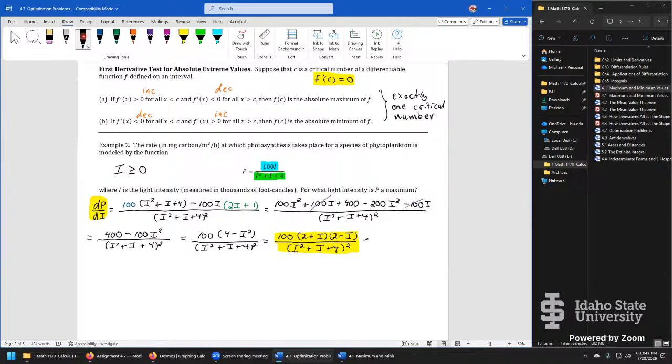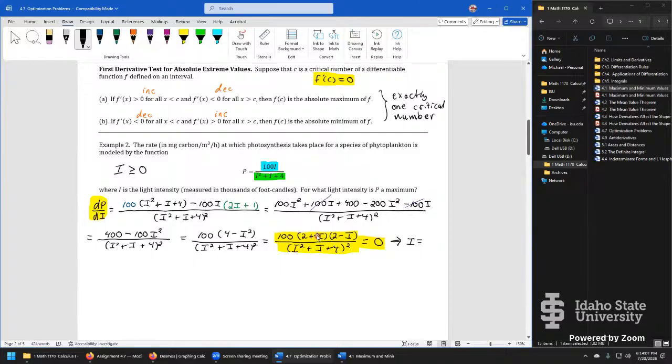Next step is, because we want critical numbers, we set that equal to 0. But algebraically, the only possible way we get 0 here is if the numerator goes to 0, and that gives us the critical numbers right exactly at this step. This implies I equals, well, it can't be negative 2, because I is the light intensity.